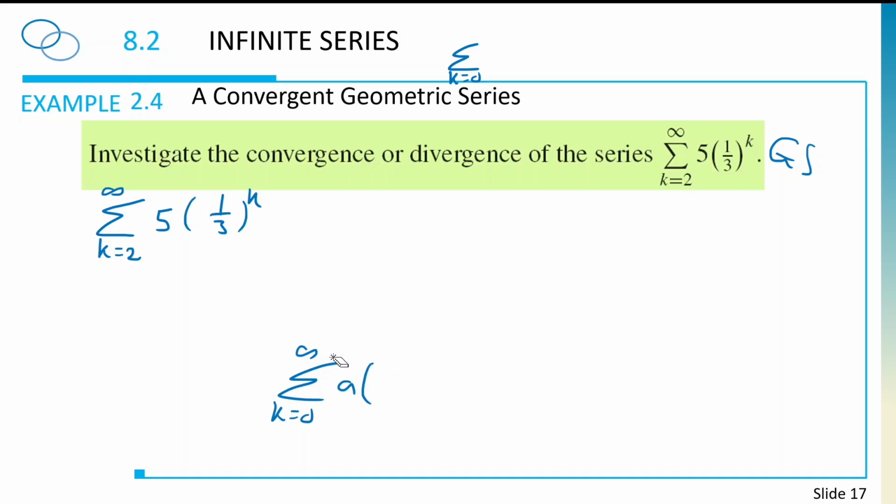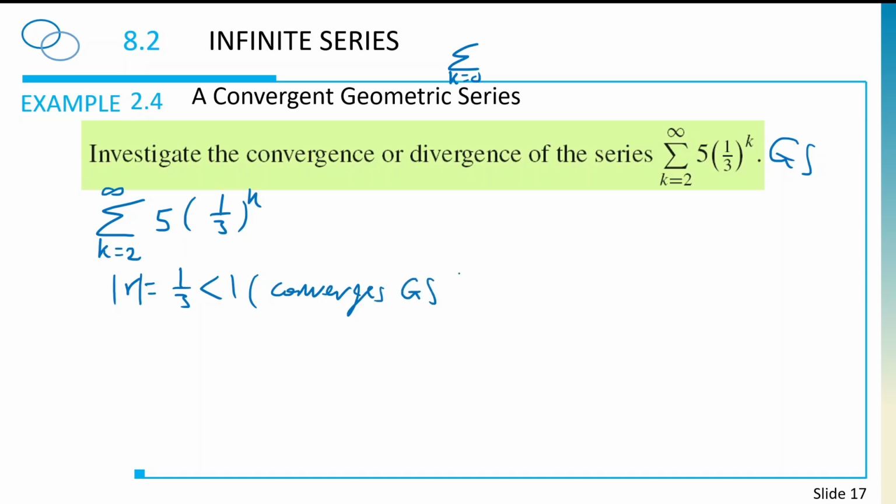What's r in this case? Clearly r equals 1 over 3. So is this convergent? Yes. The absolute value of r equals 1 over 3, and this is less than 1, so this is a convergent geometric series. This is the first thing I can see just by looking at r.